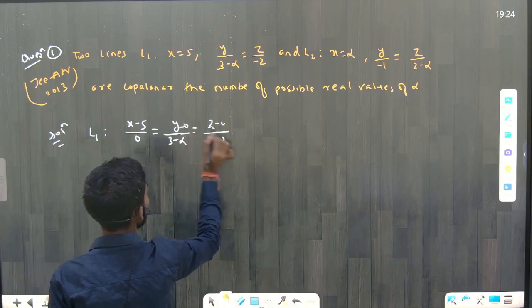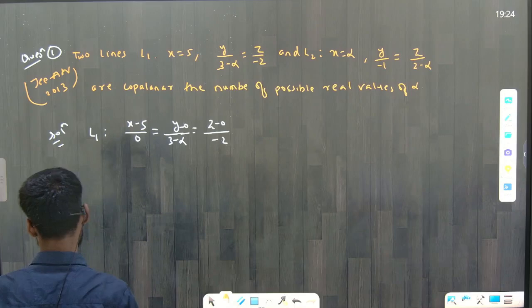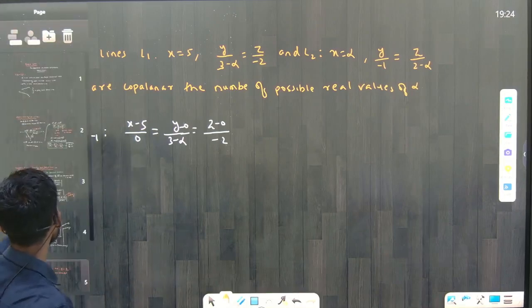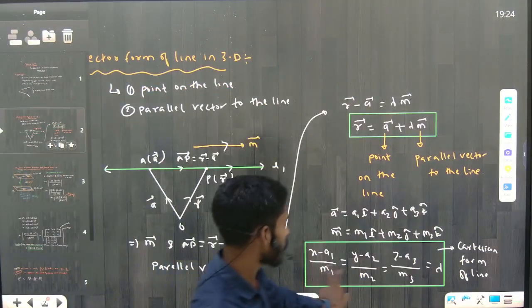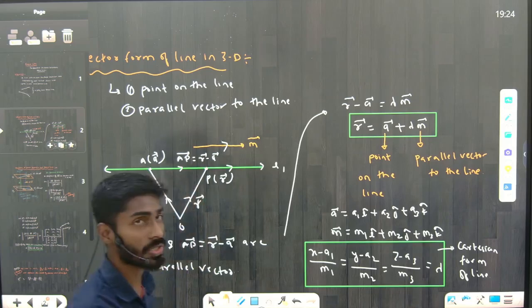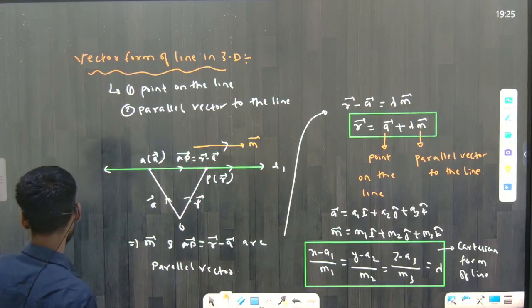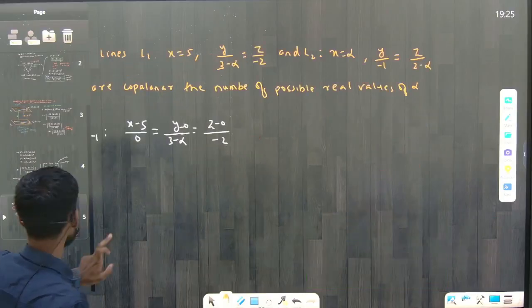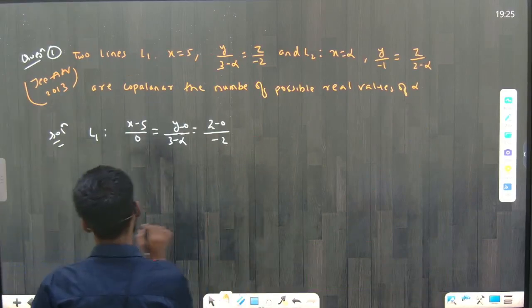Here also minus 0. This is the standard form. Here I also discuss this form: x minus a1 by m1 is equal to y minus a2 upon m2 is equal to z minus a3 upon m3 is equal to lambda.